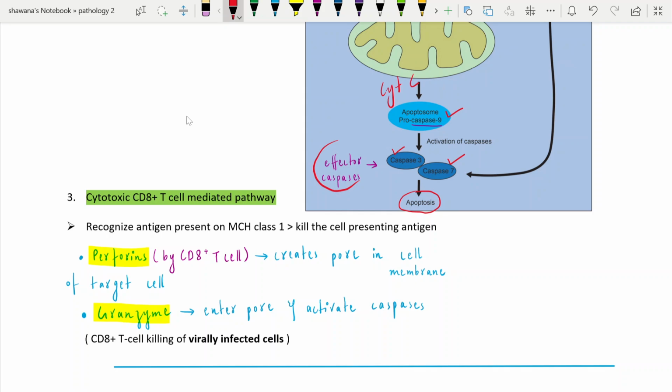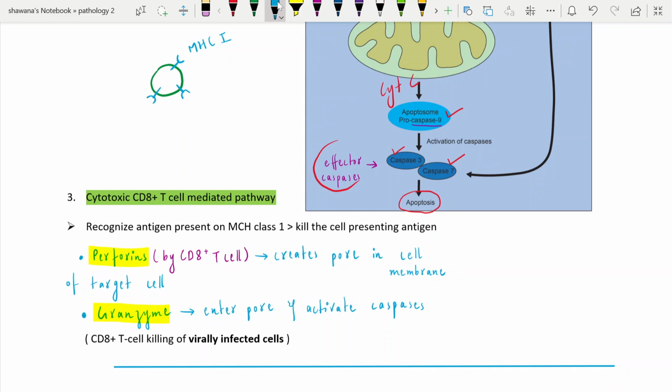What is the mechanism by which virally infected cells are destroyed by cytotoxic CD8 positive T cells? For example, this is a cell which was originally infected by some kind of virus. We don't know what kind, but take an example that it has some viral peptides. These viral peptides are expressed by MHC class 1 on the surface of the infected cell.